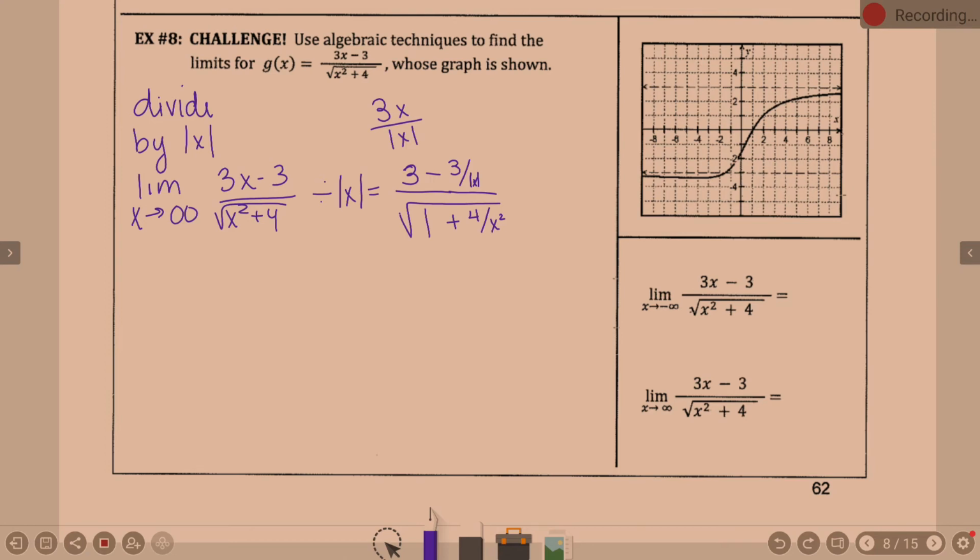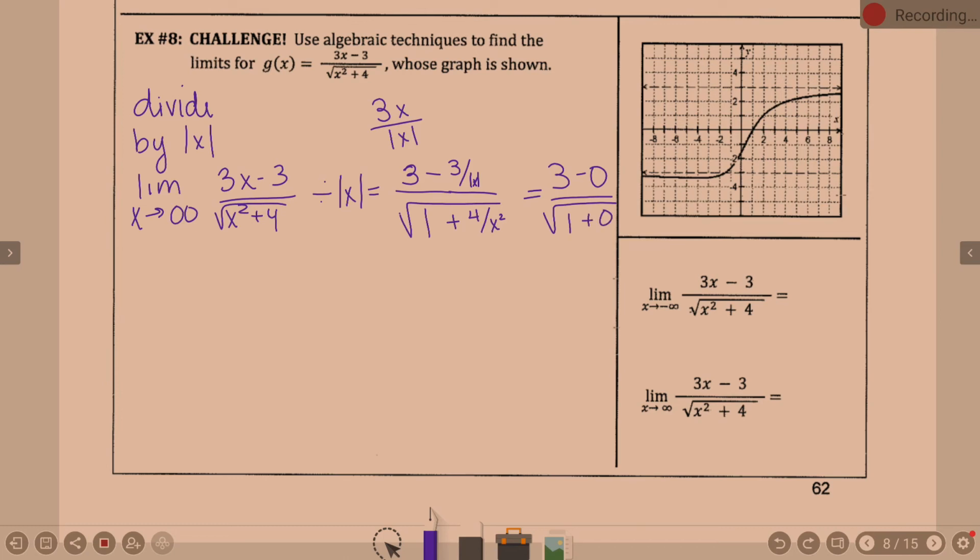But what we need to look at here, as we put in increasingly bigger values, is that 3 is 3. 3 over an x is going to be nothing. On bottom, when we do the square root there, 1 is still going to be 1. 4 divided by a big number is 0.